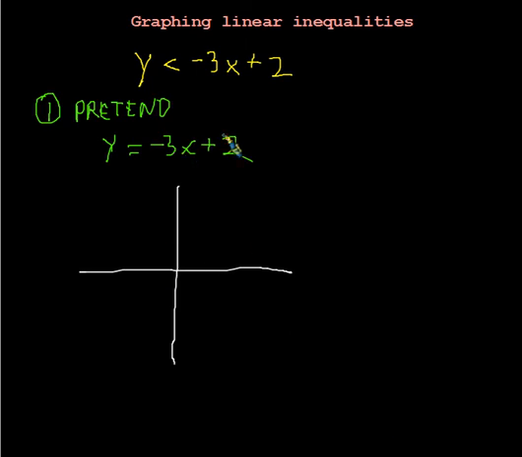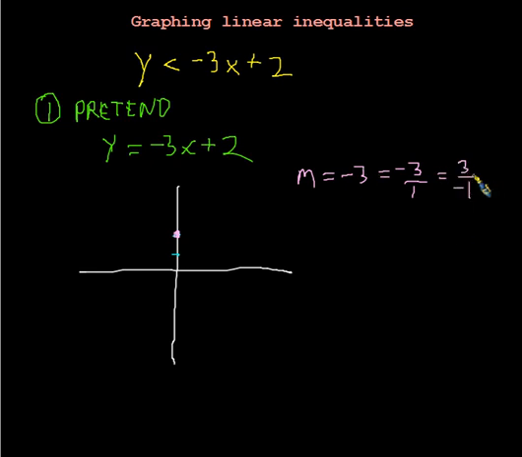Our y-intercept is at 2, so we start at about here, 1, 2, and we'll put a dot there. And then our slope is m equals negative 3, which is the same as negative 3 over 1 or 3 over negative 1.